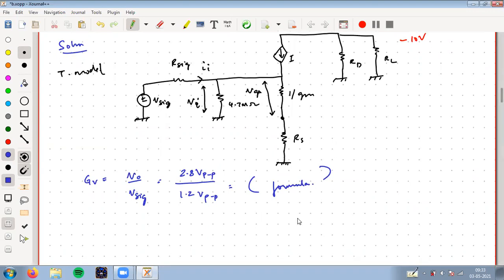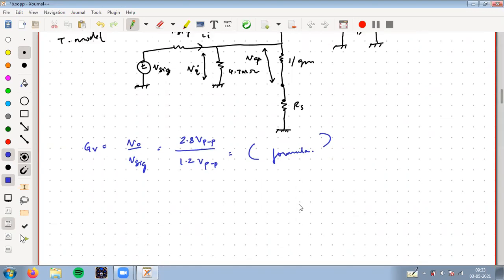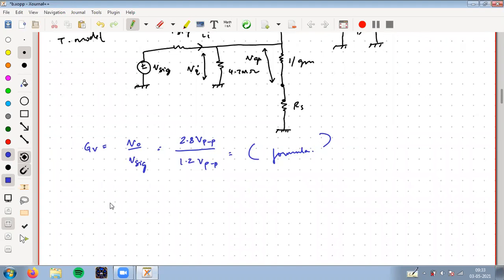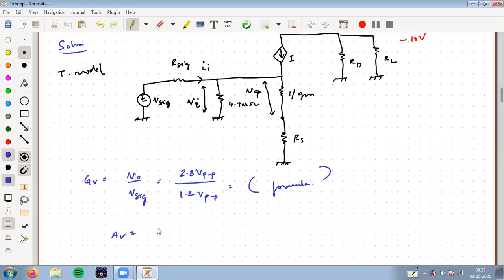We already derived this. To derive it again, I'll have to find AV. So AV is minus GM into RD parallel RL, there is no R naught here, divided by 1 plus GM into RS.